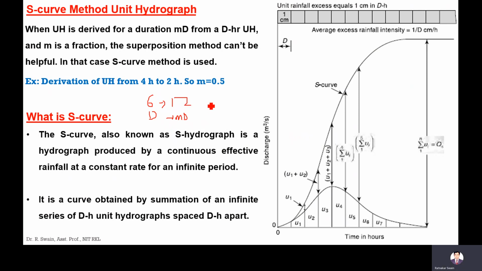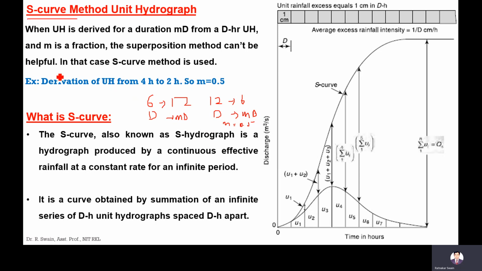So if you want to derive from 12 to 6, here D is 12, M will be 0.5, half. So when this M is a fraction, we cannot use the superposition method. We have to use another method that is called the S-curve method.